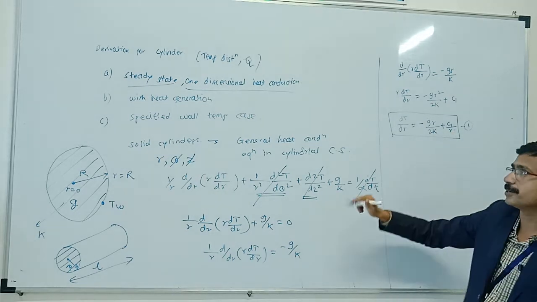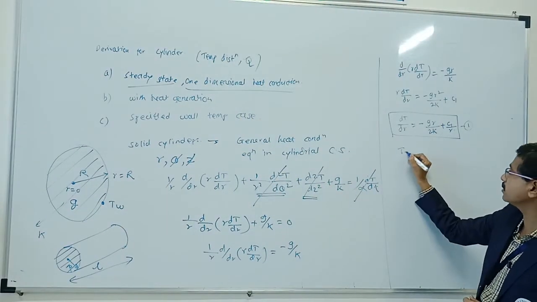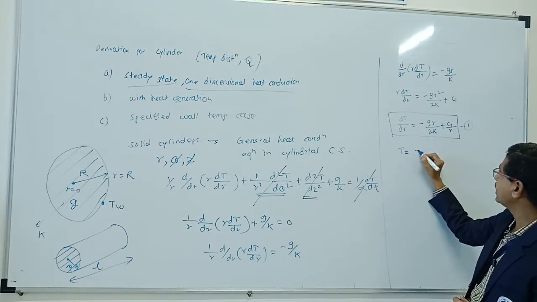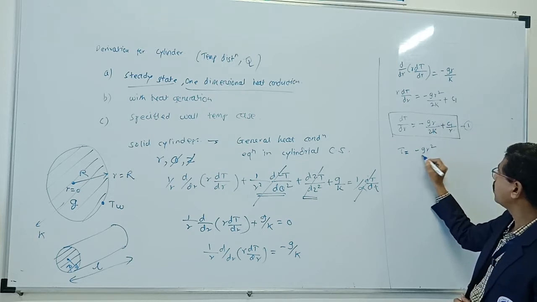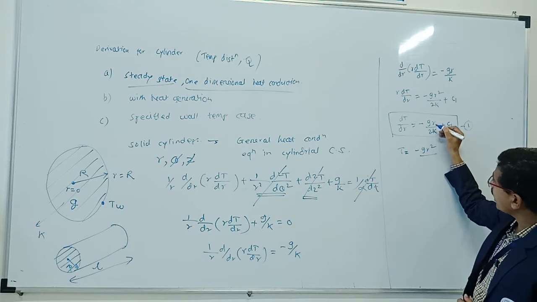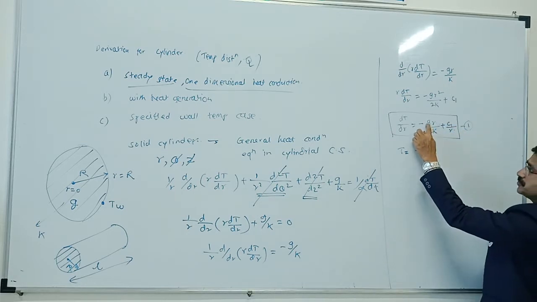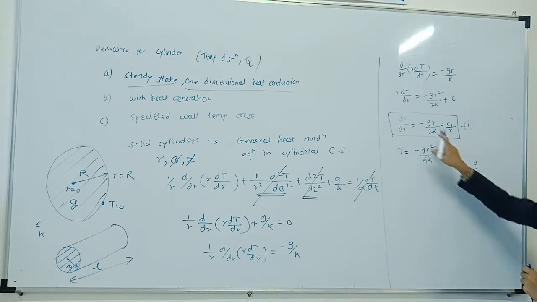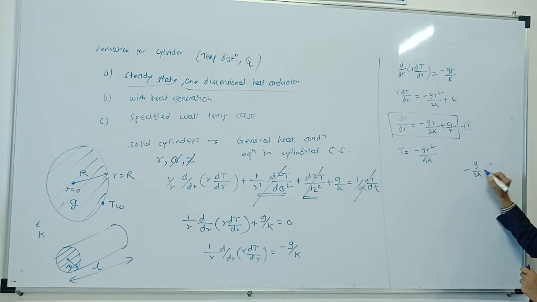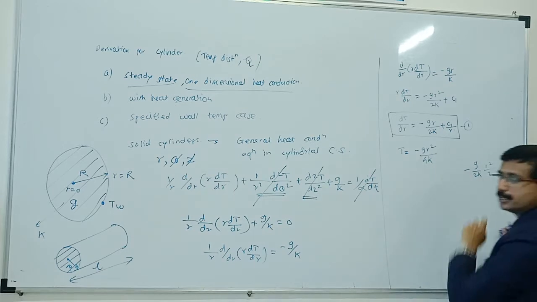Just integrate it again because I am interested in the temperature distribution, capital T. So T is equal to minus g by 2k, which is constant, times the integration of r, which is r square by 2. So it becomes minus g r square divided by 4k.